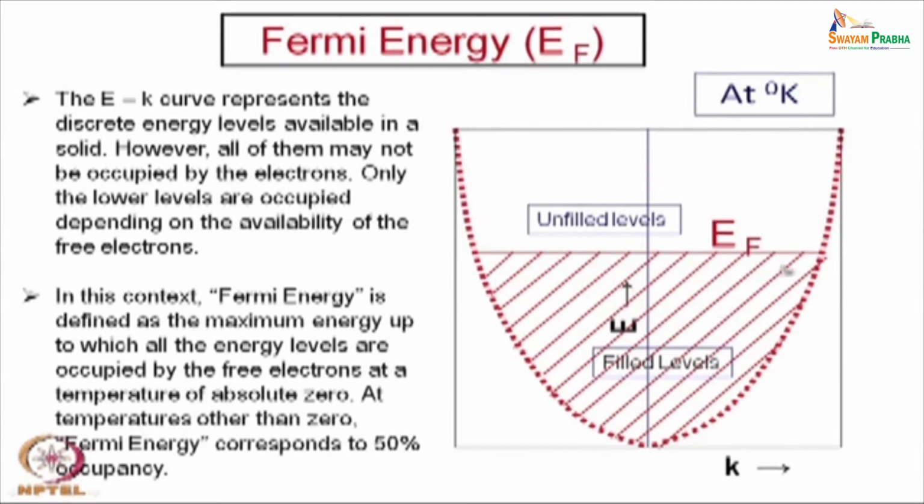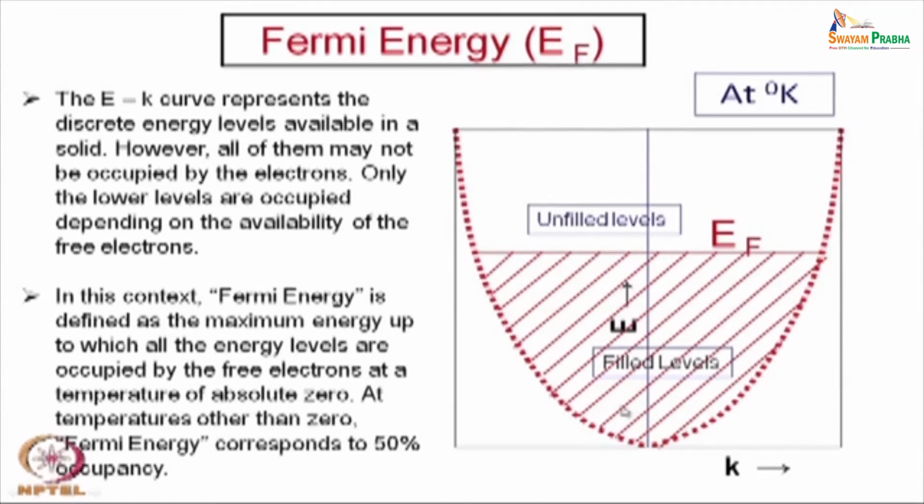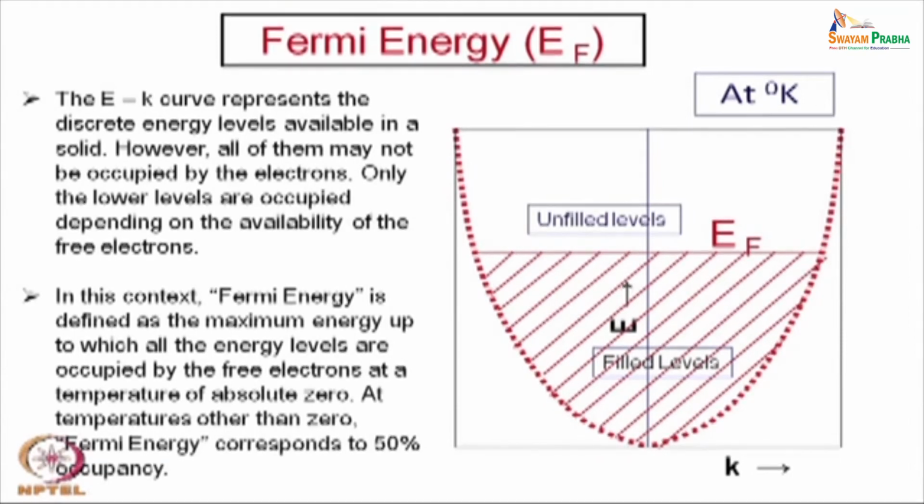In this diagram, this is the Fermi level, or EF, and below it all the available energy states are filled up. One thing I must point out: this is a 2-dimensional plot, but actually this is a 3-dimensional figure. It is a volume, in the x, y and z directions.